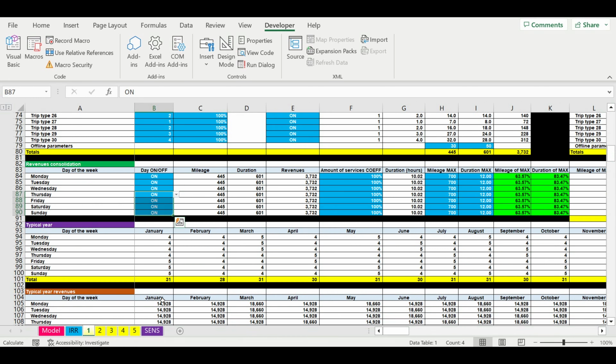So what is important, we can increase or decrease the amount of trips for this or that specific day of the week.